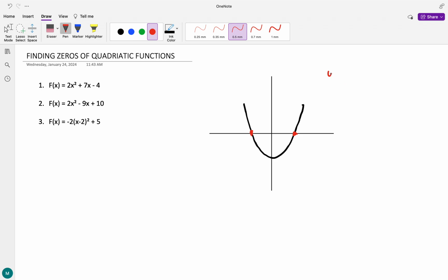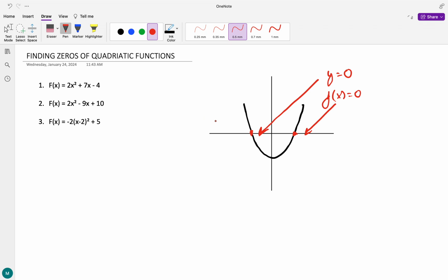And these points have a y value equal to 0, or you can make f of x equal to 0. So they're going to have some x value, but the y value is always going to be 0. That's something we're actually going to utilize when we start looking for those x values.